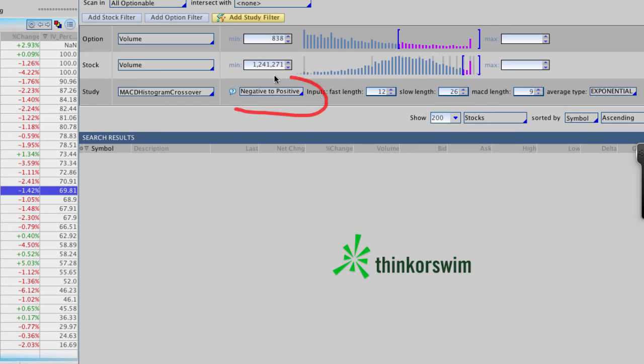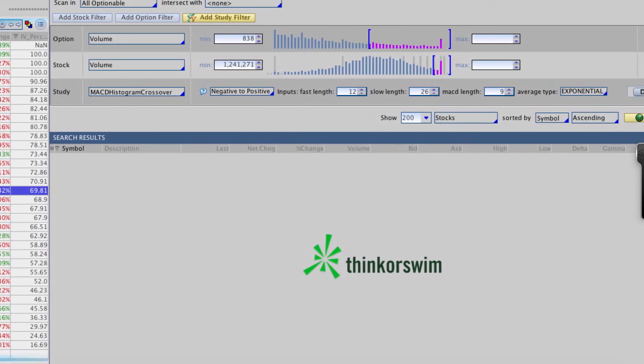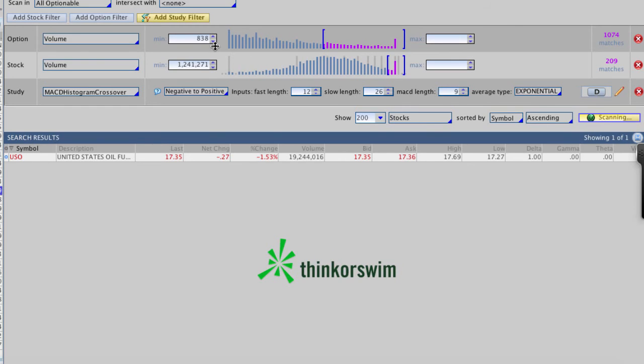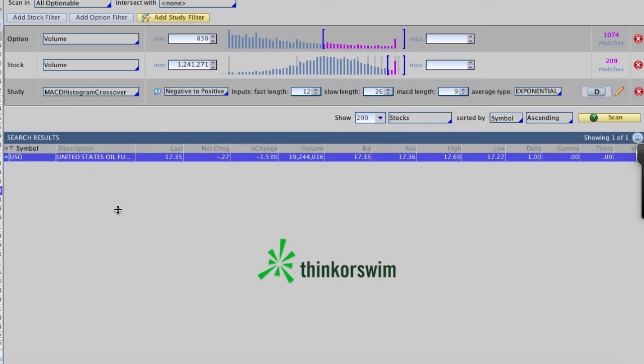It's a really cool tool to use because you can filter all of these stocks and look specifically for stocks that have a MACD histogram crossover that went from negative to positive based on some set of inputs. If we just use this one here, we can go ahead and click scan. That will pull up all the stocks with tradable options that have a MACD crossover from a low point to a high point. You can see the first one on the list here is USO. This is pretty interesting. Or the only one on the list, which is pretty cool because now it's narrowed it down even more.